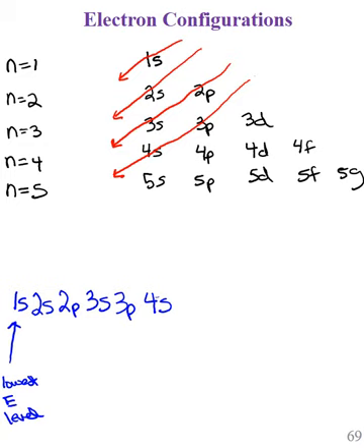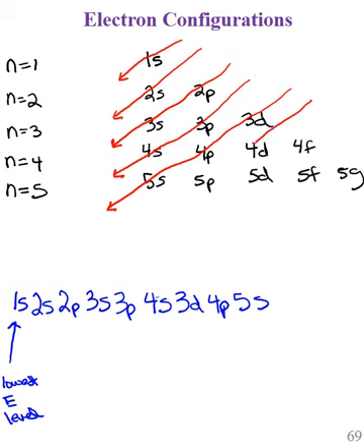Draw another diagonal line, and we'll see it goes through the 3d, 4p, and 5s. And then after that line, we'll draw another line.